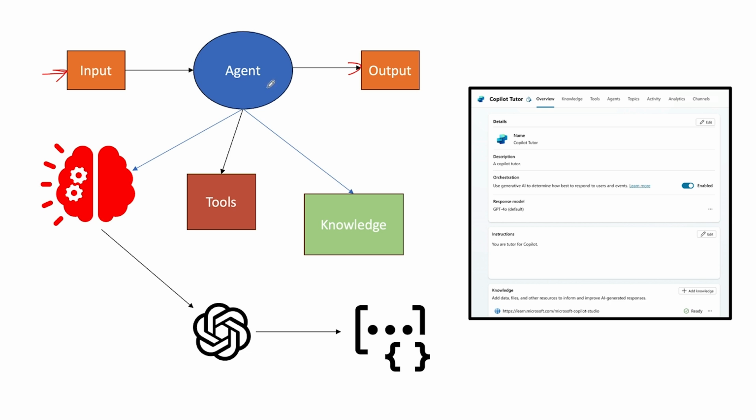But the brain of every agent is going to be what? A large language model, right? So he is the brain of the agent. Why is that important? Because when you move to create an agent from a pictorial representation to actually doing it, you really have to understand what the single most important facet is.